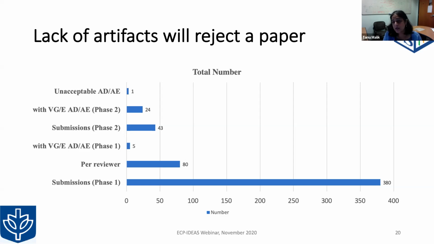One paper was considered unacceptable for artifact description and evaluation, and one of them was pushed for its excellent research idea, but it was considered unacceptable for artifact description and evaluation. In total, out of the 380 submissions, I'm told that a final stamp of reproducibility will only be given to 17 of the 380 submissions.